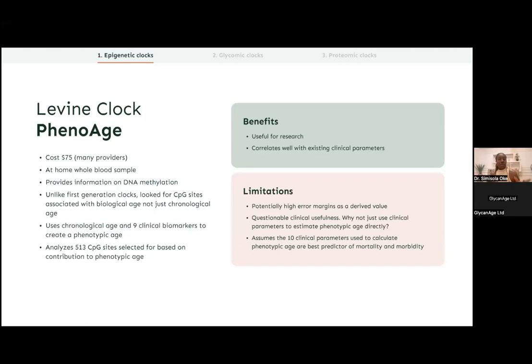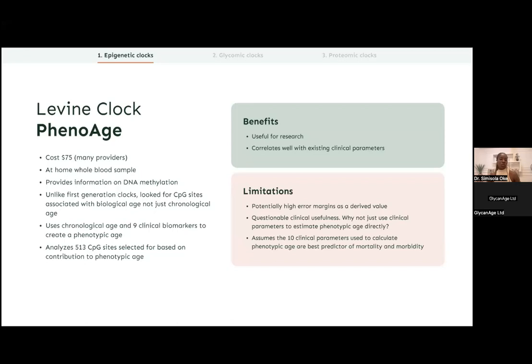And so again, you have this questionability on how clinically useful this is, when actually, why would you not just measure the clinical parameter itself? And I guess that this might be why this is a slightly cheaper test than anything else. But it is just interesting that they use the CpG sites to estimate the clinical markers rather than just measuring the clinical markers directly, which is a question that I had when I was doing the research for this.